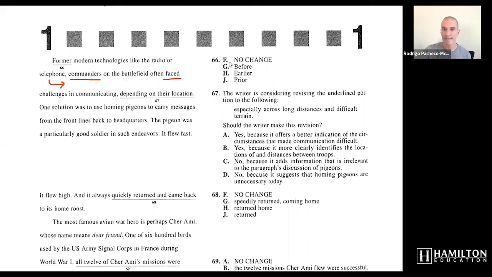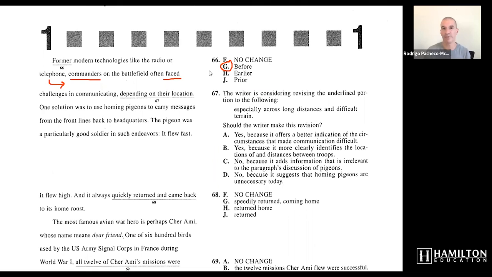So our correct answer here is going to be G, before, because the intended meaning here is we're talking about a time before the existence of modern technologies. So it's almost a comparison to the existence of modern technologies, a time before and a time after.